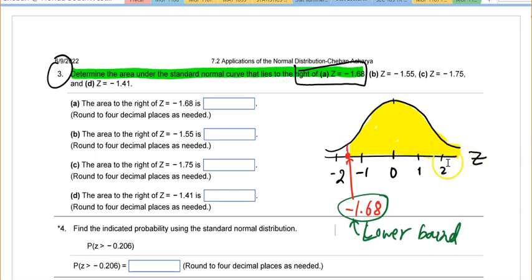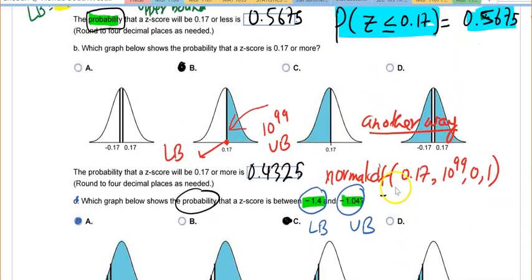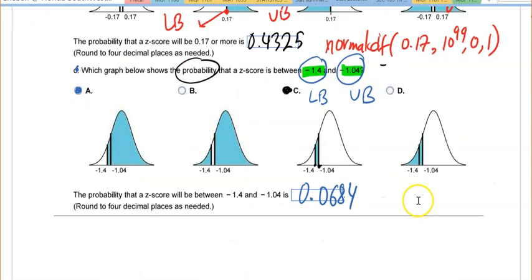I don't have a fixed upper number that bounds the yellow area. Therefore I don't have an upper bound. Then what do I put if I don't have it? I put 10 to the power 99. Remember that's what we did in the previous question, right? Here, see, doesn't have an upper bound here. We put 10 to the 99.